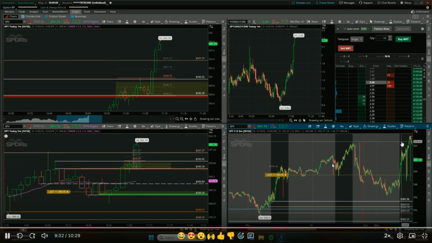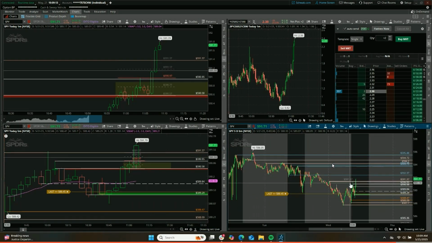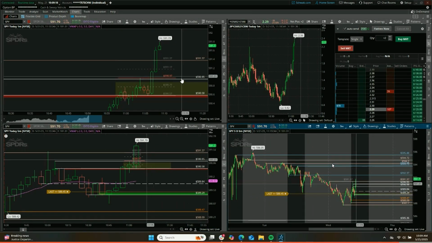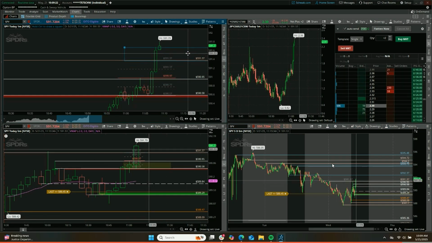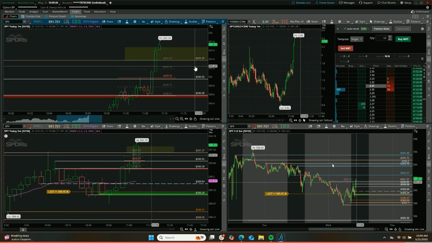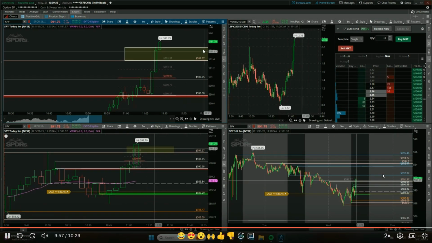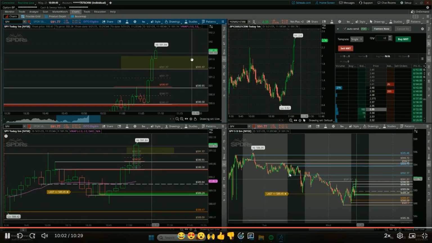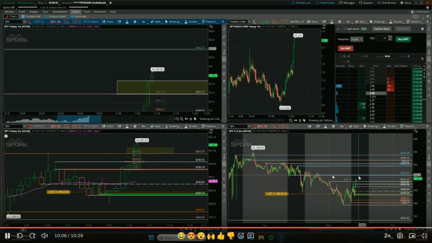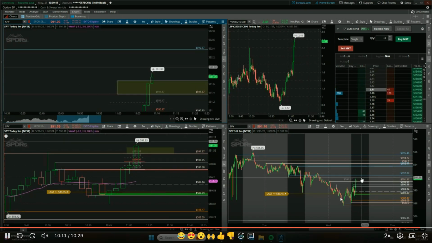So here's the thing. I was thinking about holding this to a second take profit, which is that blue line here, which represents this friction area created by a zone from yesterday.